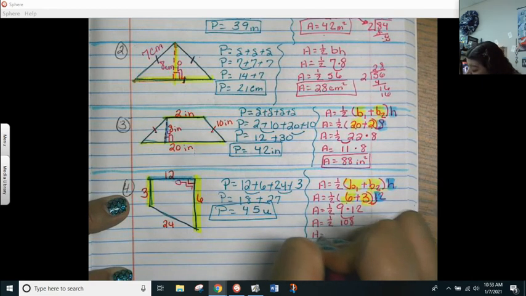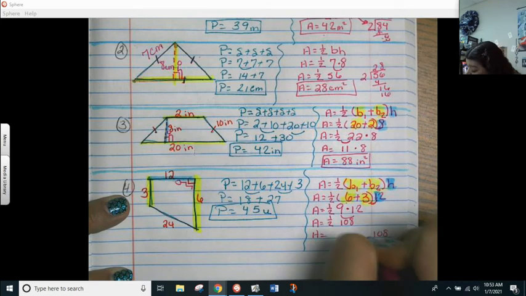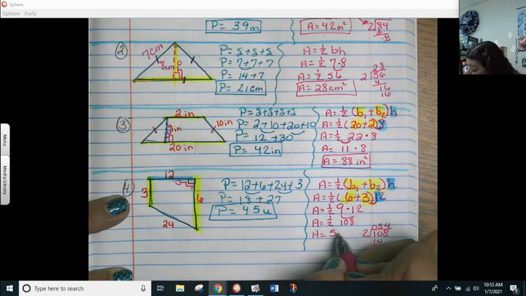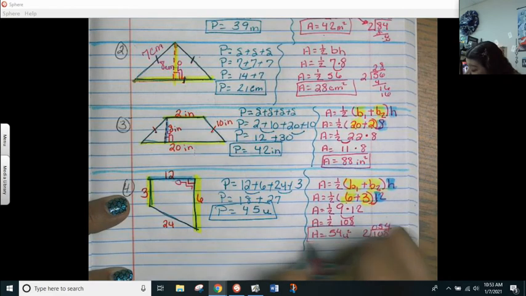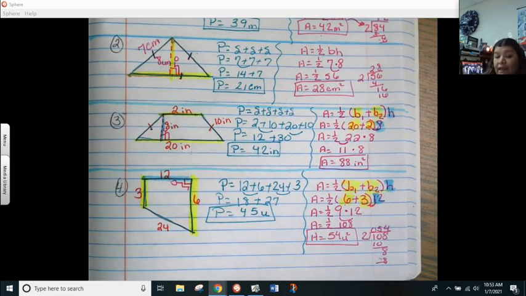And then half of 108, so it's 5, 4, is 54 units squared. And I put a U squared there because I don't have any feet or inches, so I just put a U. Okay, 54 square units.